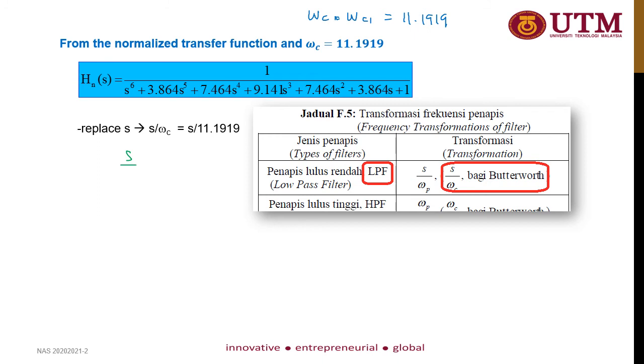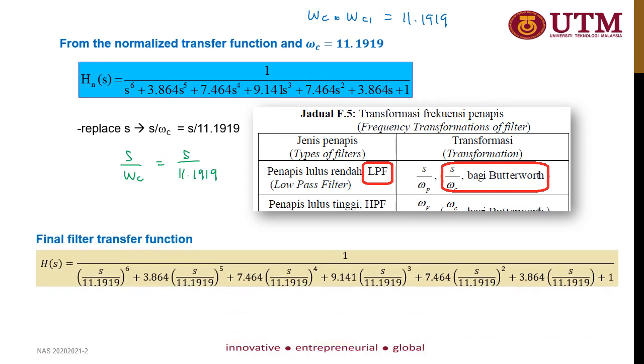So s over omega c, in which s is divided by 11.1919. Okay, so finally you write your final transfer function H(s). Okay, no more small letter n. Right, so you can simplify the equation if you want, or you can just leave it like this.